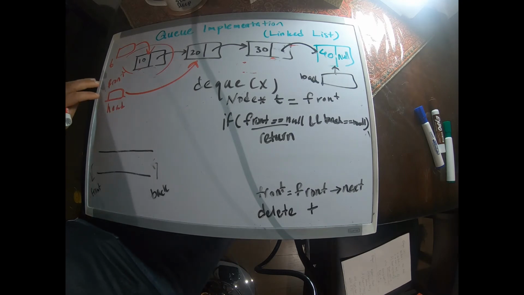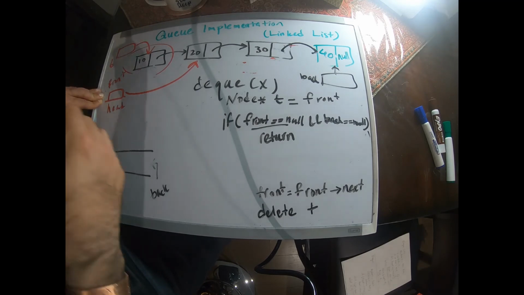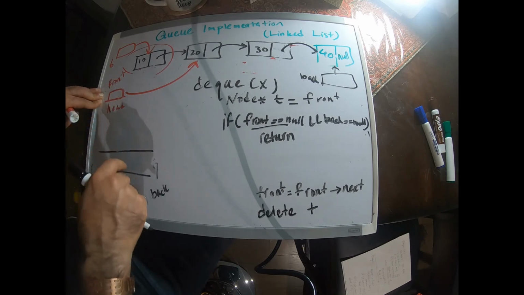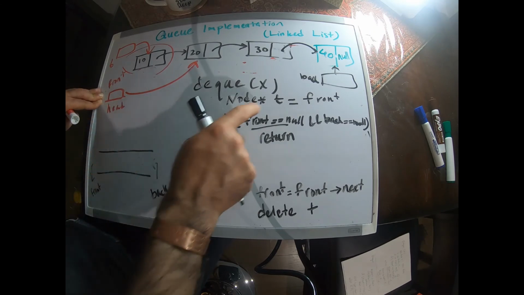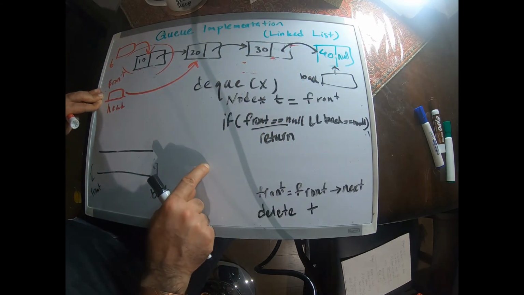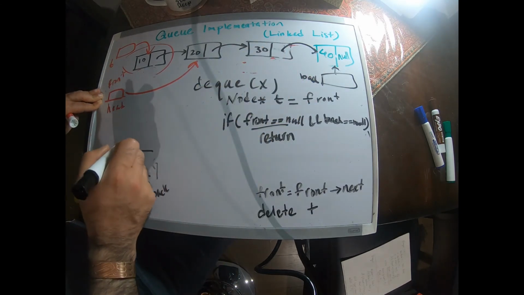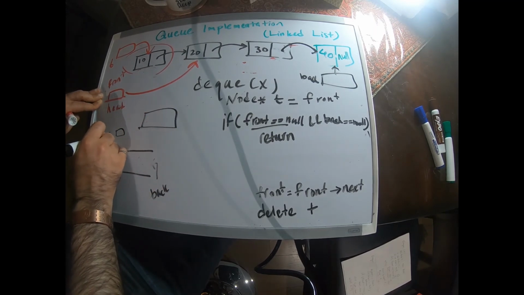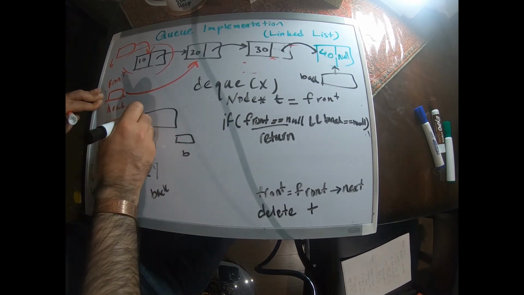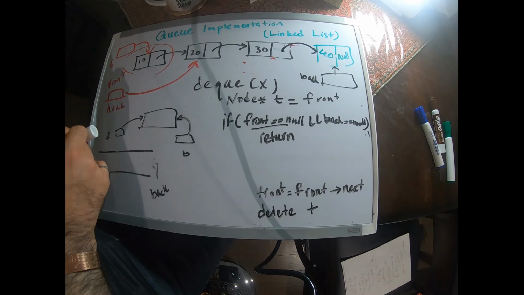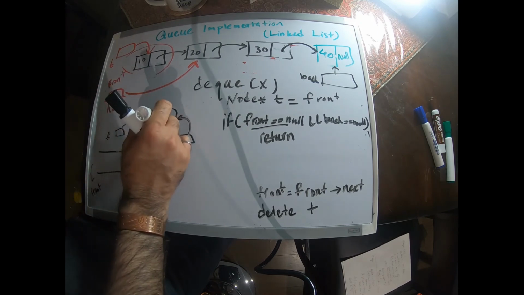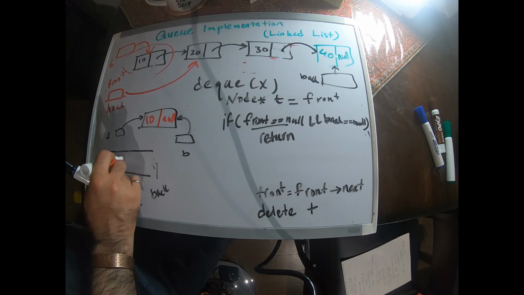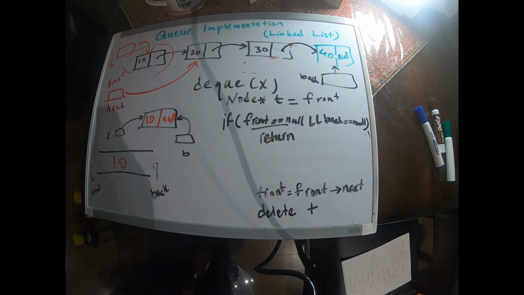Now, again, we are only changing the front, right? When we are dequeuing, when we are removing data, popping the data out of the queue, we are only changing the front. Now, do we ever need to change the back? What if we have a case like this? What if we only have one node left in the linked list?